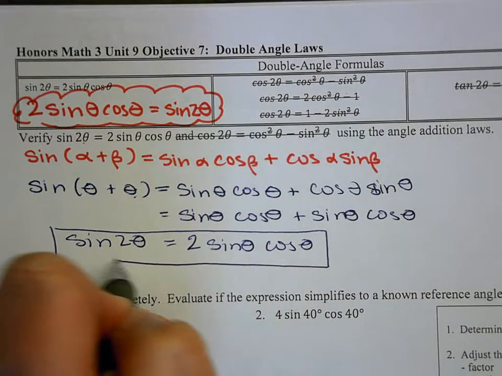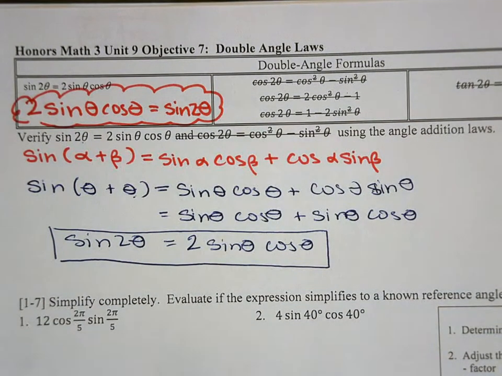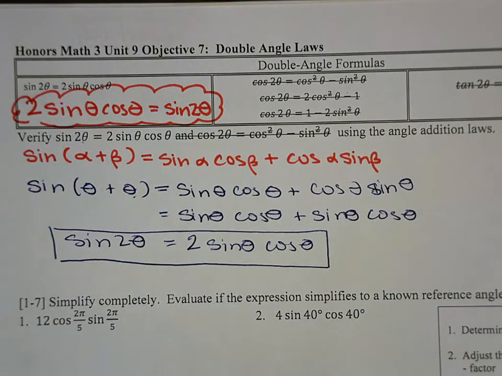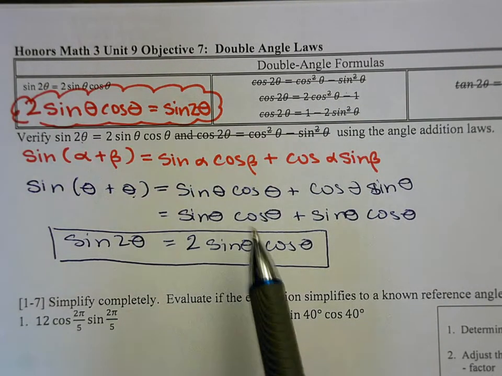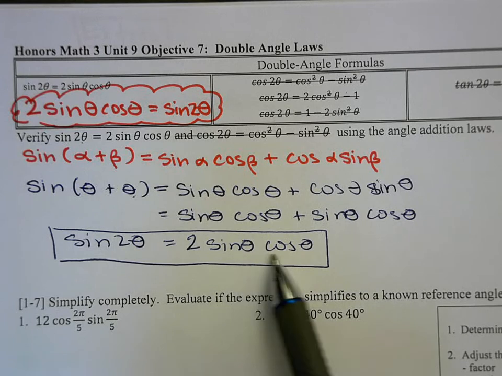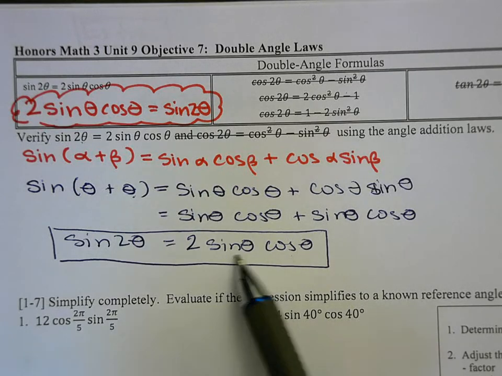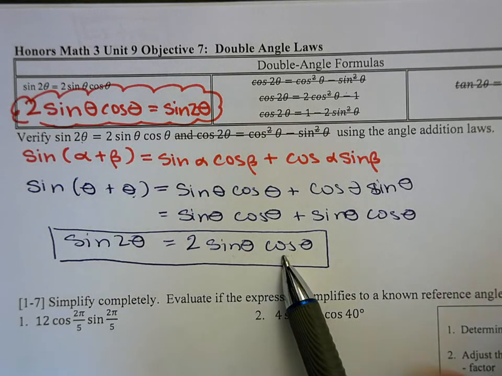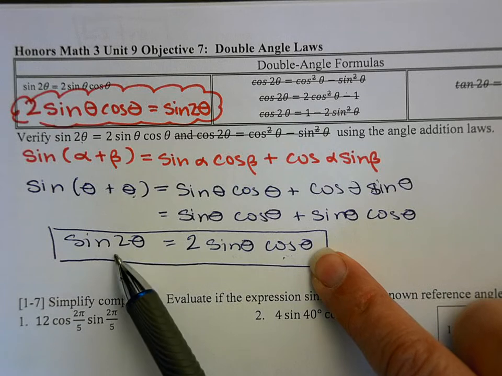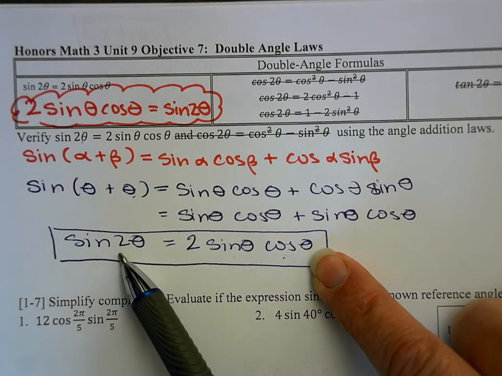A lot of times students get a little confused about this identity, because when we simplify, they always ask, well, where did the cosine go? What happened to it? We are trying to use this identity: if I have a product of sine and cosine, I can rewrite that as sine of twice the angle.